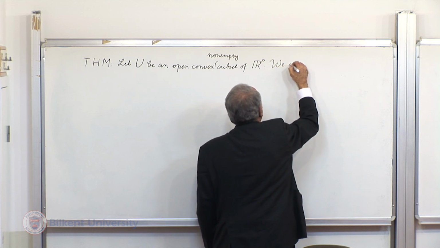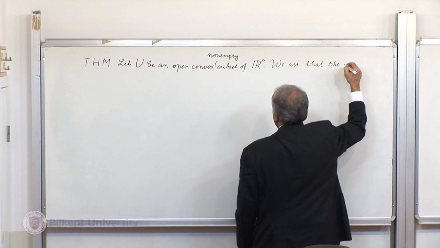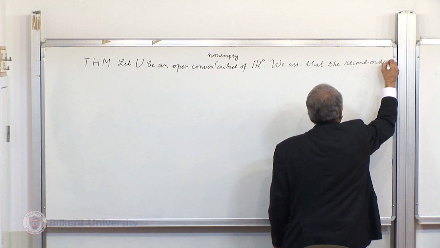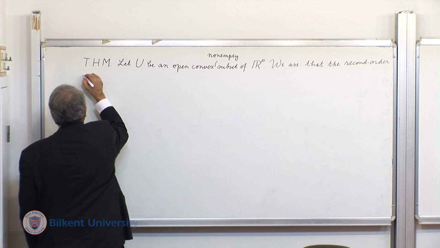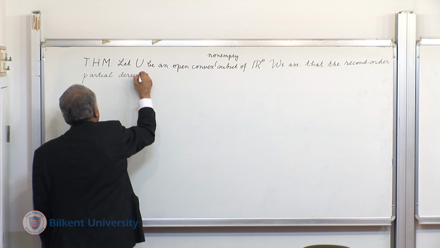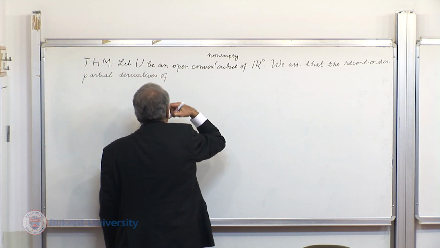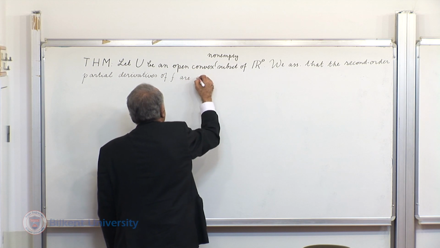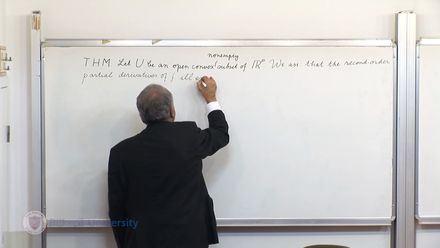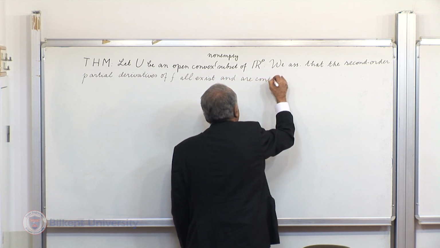Now we assume that the second order partial derivatives of f are, well, all exist and are continuous on U.